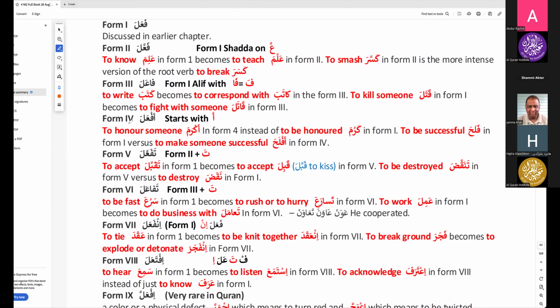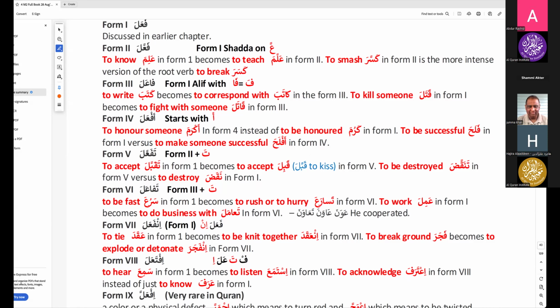Form 5. No, it's form 4 actually. Af'ala. It starts with an alif, hamzatul qat'. To honor someone, akrama.